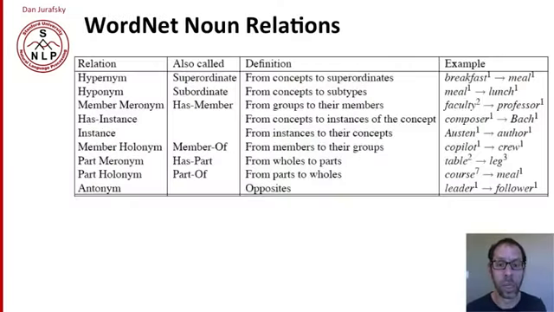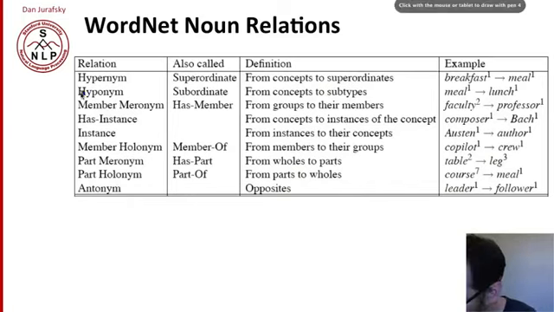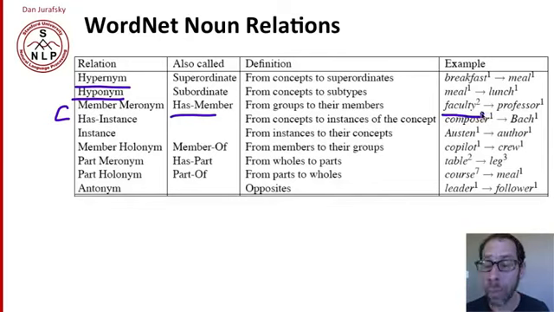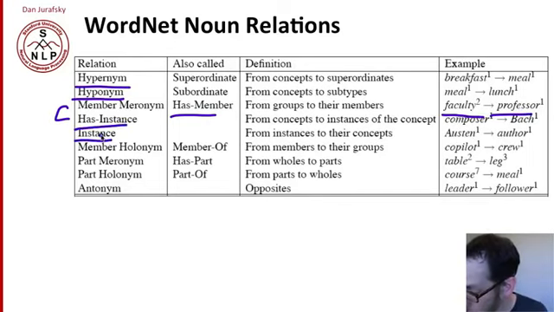Now, WordNet has a lot of relations. We've talked about relations before. We have hypernyms and hyponyms, but WordNet also has relationships like member. So the relation has member: for example, a group like faculty has members like professors. It has instances. We talked about instances.